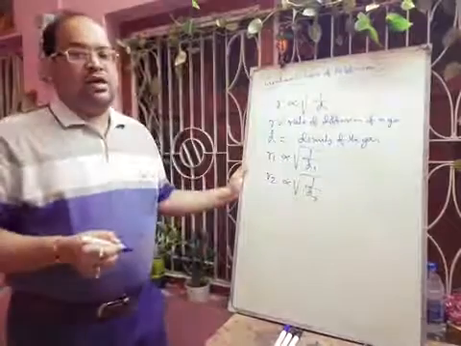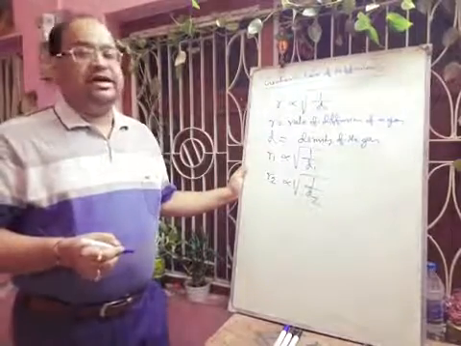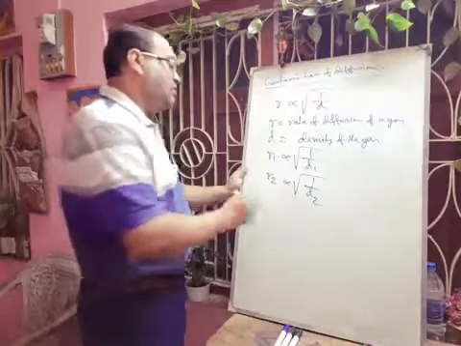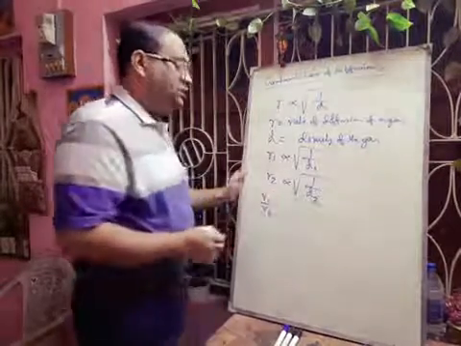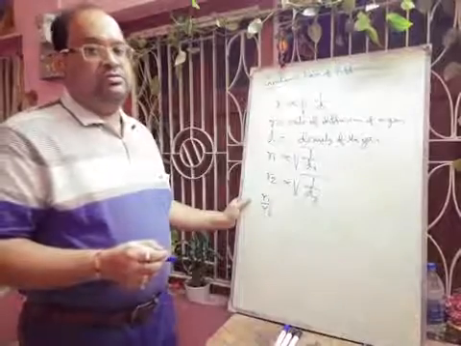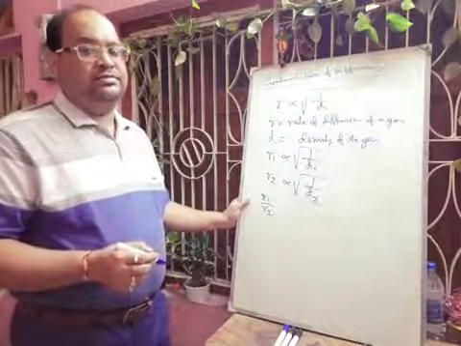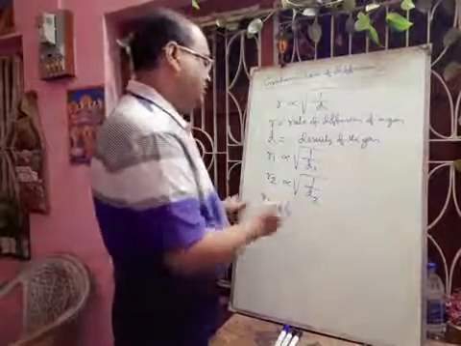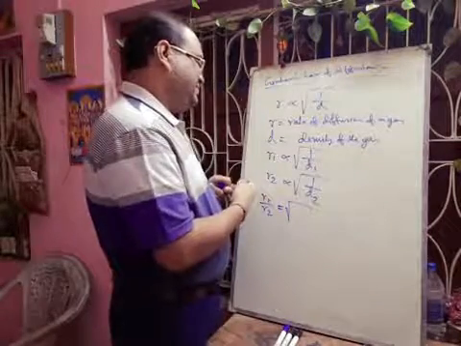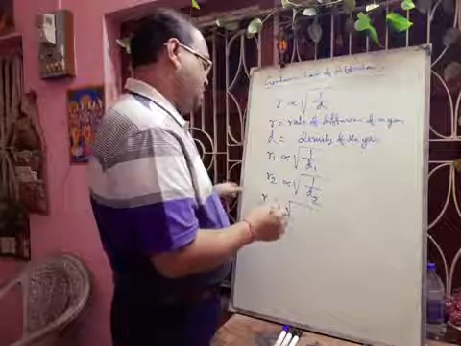If we take the ratio R1 by R2, it will be equal to root over D2 by D1.